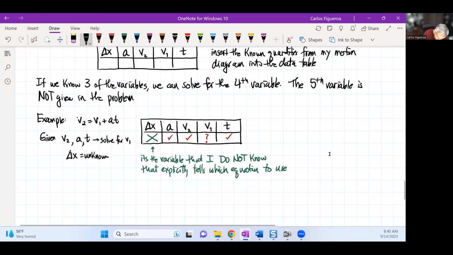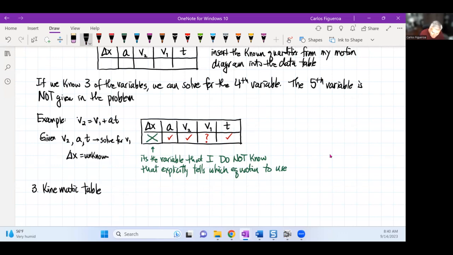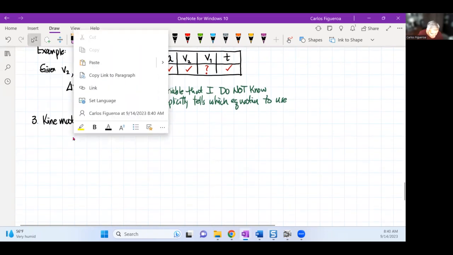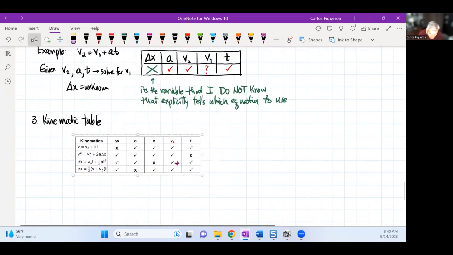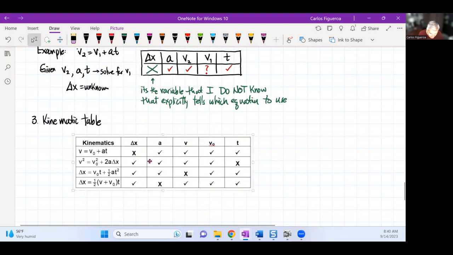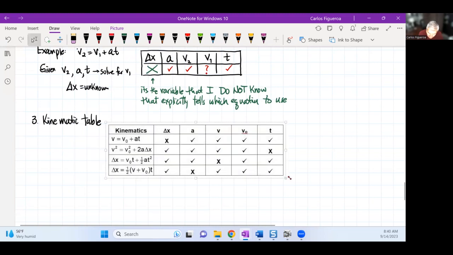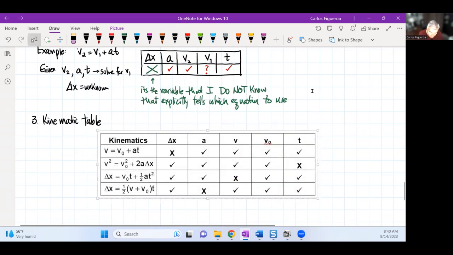And this leads me now to something that I call the kinematics table. And the key to using these data tables is this organization of the table that I have right here. This is the whole goal, being able to master this equation here. So now look what happens. Look at my data table.